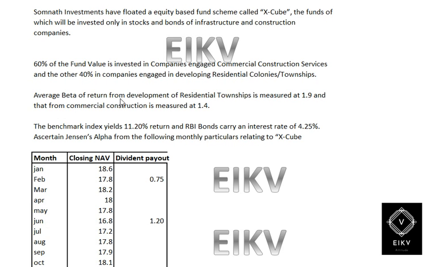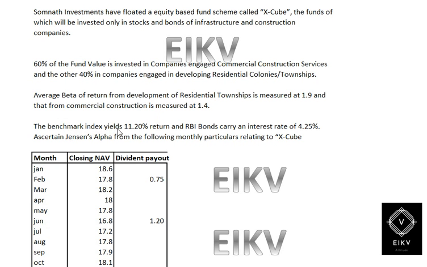The average beta of return from development of residential township is measured at 1.9, and that from commercial construction is measured at 1.4.